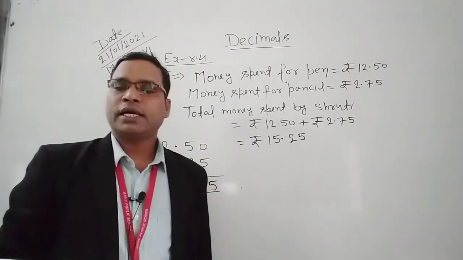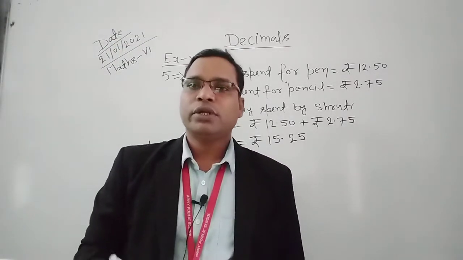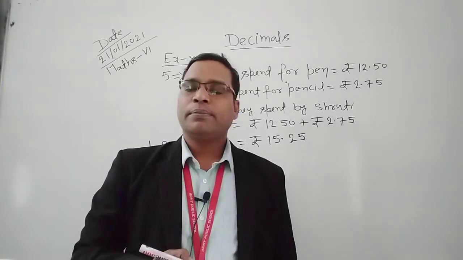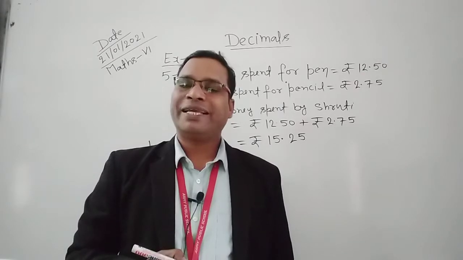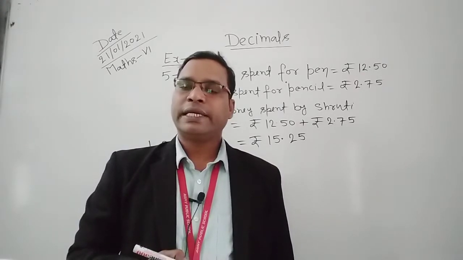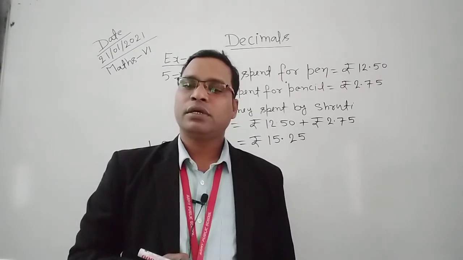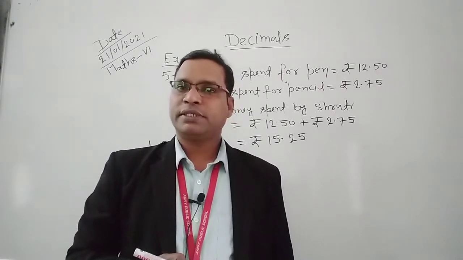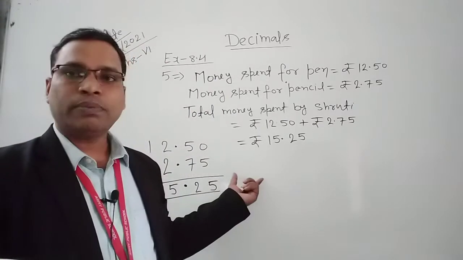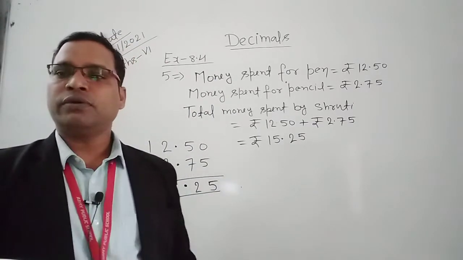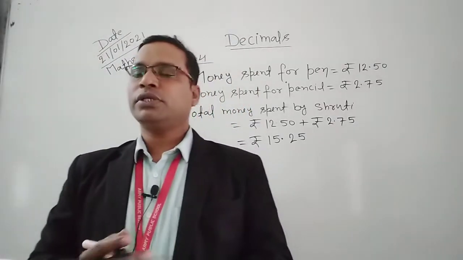So at last you can write, hence, the total money spent by Shruti to buy pen and pencil is 15.25 rupees. This is clear. So students, I hope all of you understood this question. Now we are going to discuss the next question.